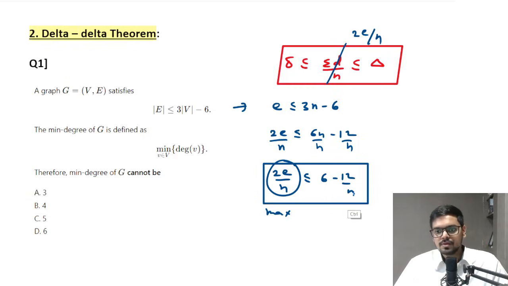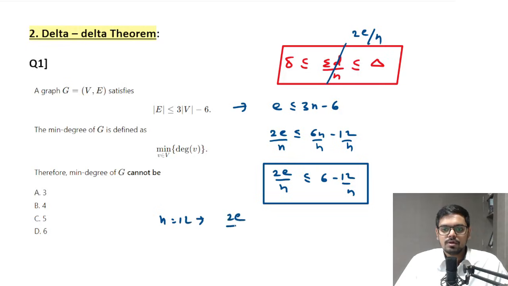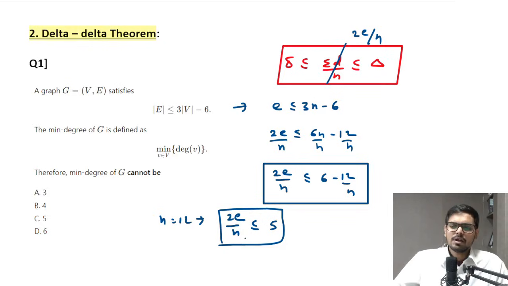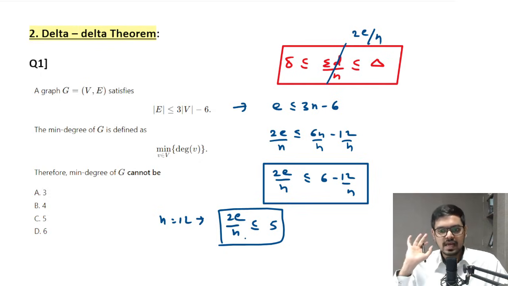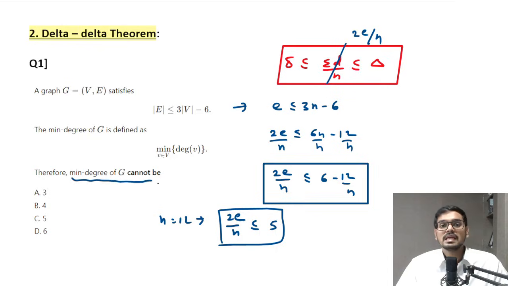See carefully why it would be 5: when n is equal to 12, 2e by n is less than or equal to 6 minus 12 by 12, which is 6 minus 1, which is 5. So 2e by n can be maximum 5. Then it can also be 4, 3, 2, 1, 0, but it cannot go below 0, right? This is what I have analyzed. Now, they were saying the minimum degree of G cannot be.